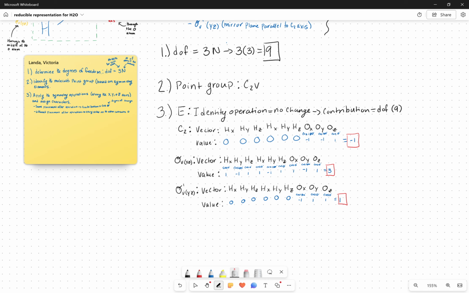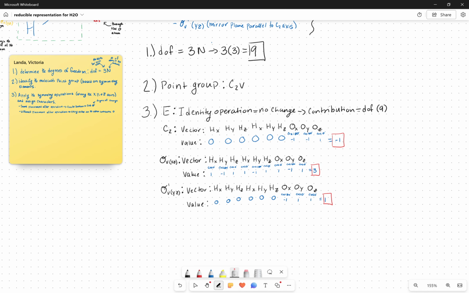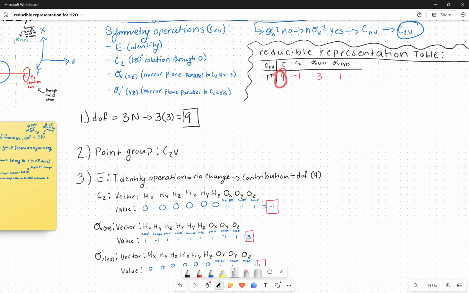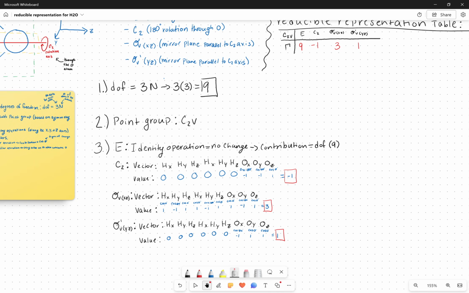If there's a different placement after the operation, every vector on the atom will contribute 0. Because E doesn't have any changes, its contribution is equal to the degrees of freedom, which in this case is 9. So we have a value of 9 for that reducible representation.